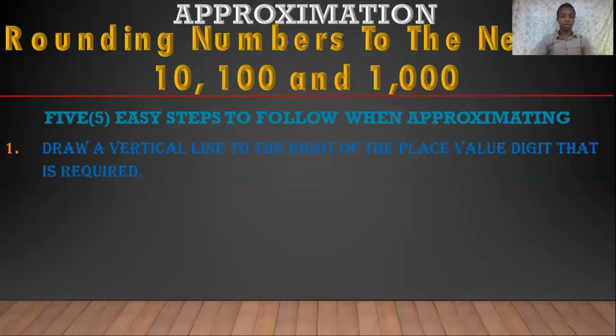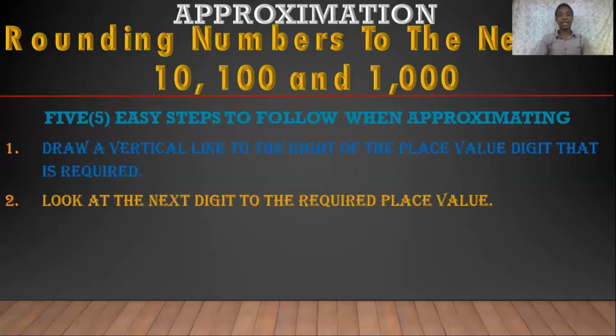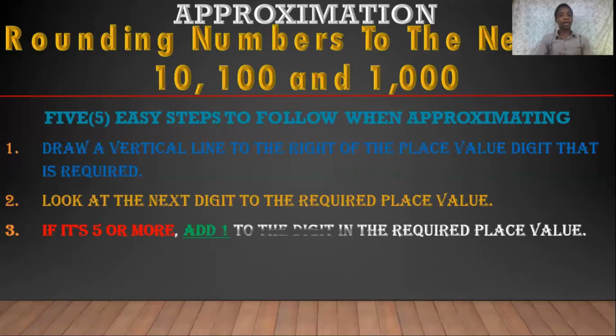Right, so for step 2, look at the next digit after the required place value. Once I've drawn my line, I'll check the next digit, that is the number after the line. Do you get that? Then for step 3, if it is 5 or more, add 1 to the digit in the required place value.